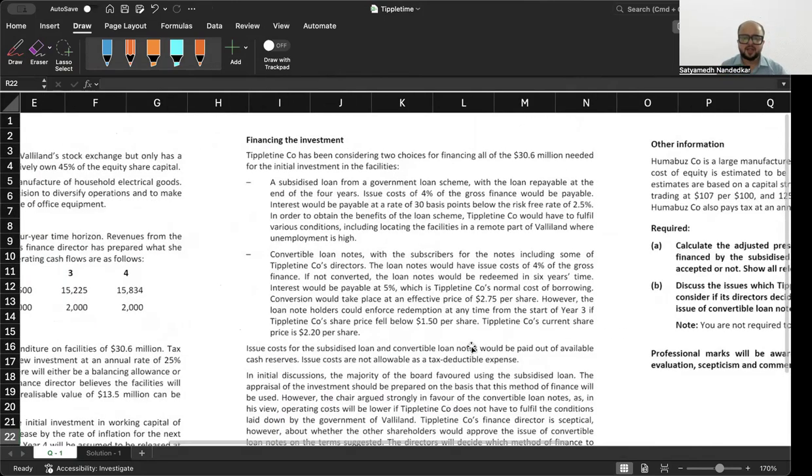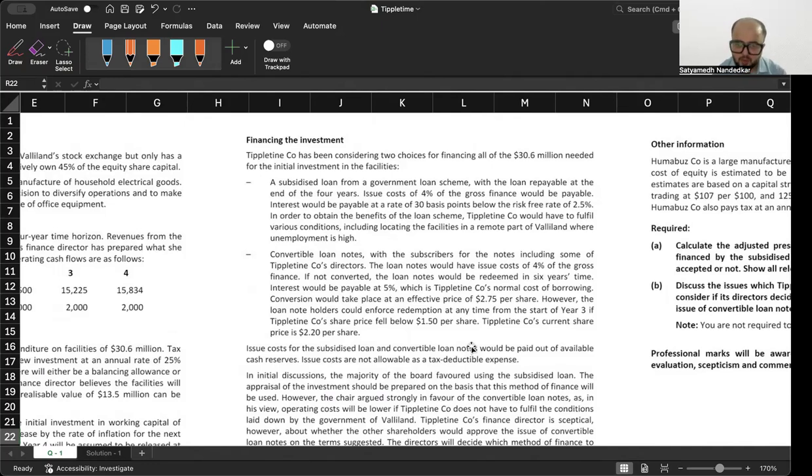Tippletine Company is considering two choices for financing all of the 30.6 million needed for the initial investment in the facilities. A subsidized loan from a government loan scheme with the loan repayable at the end of 4 years. Issue cost of 4% of gross finance would be payable. Interest would be payable at a rate of 30 basis points below the risk-free rate of 2.5%.